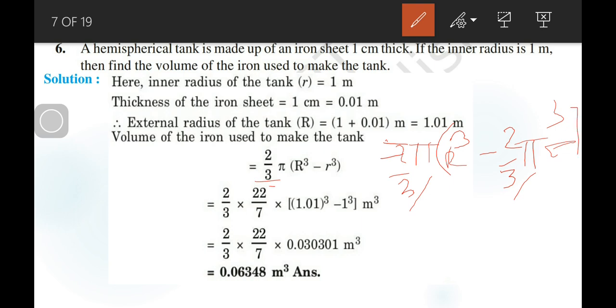Now let me put the values. We get 2 by 3, 22 by 7 into 1.01 cube minus 1 cube, and it is meter cube. So at last we get the answer as given here, 0.06348 meter cube is the volume of iron used to make this hemispherical tank.